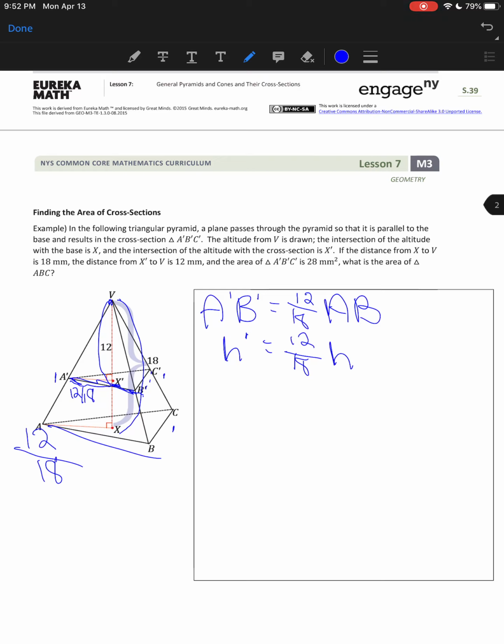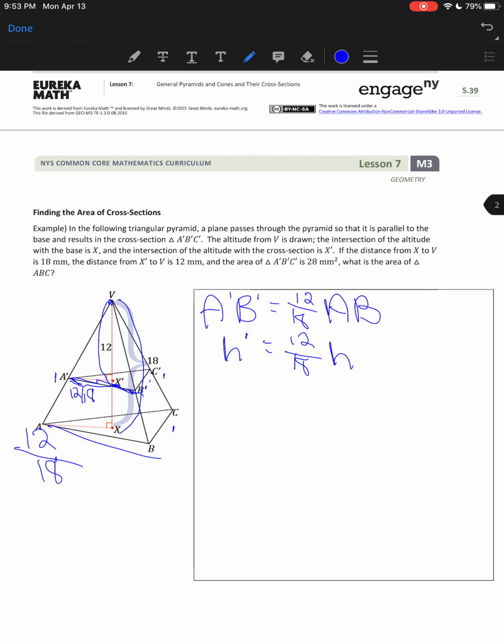If A prime B prime is the base of this triangle up here, it's equal to 12/18 the corresponding base of the bottom triangle. And the height up here is 12/18 the height of the bottom one.